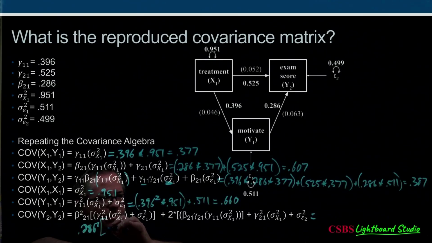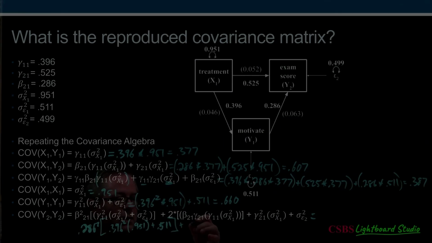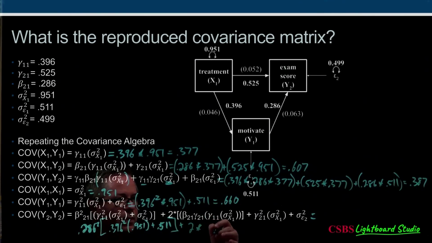So brackets. Gamma 11 squared is 0.396 squared times the 0.951 again, plus the variance of E1, 0.511, plus 2 times beta 21, which is 0.286, times gamma 21, which is 0.525.